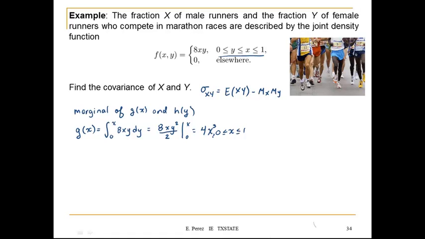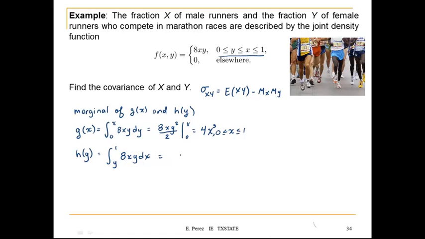We're going to do the same thing for the marginal of y. In this case, we look at the integral from y to 1 of 8xy dx.